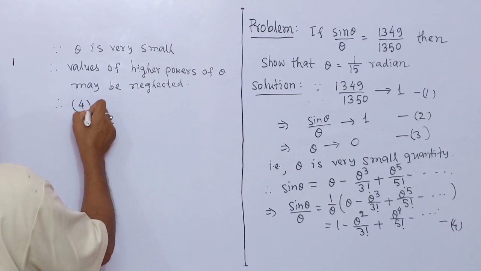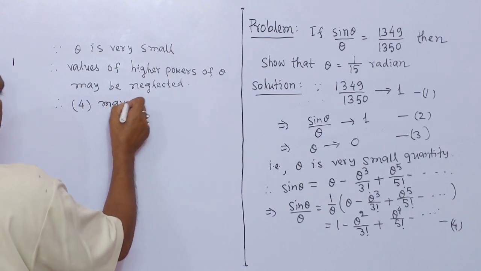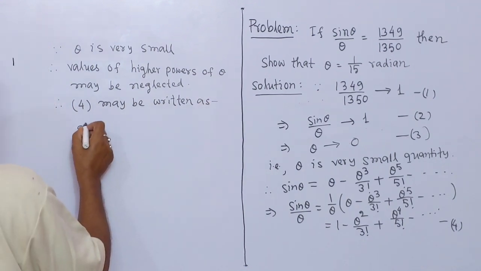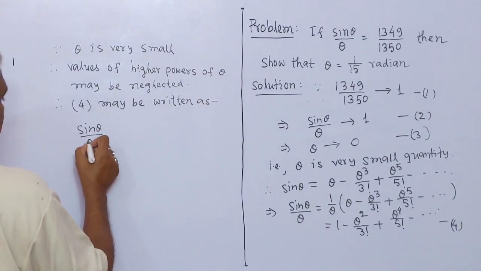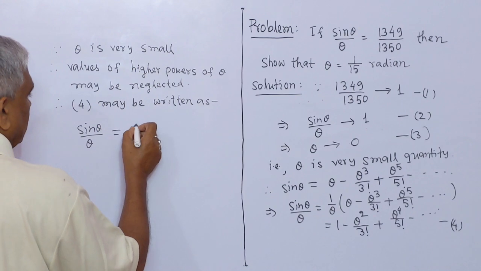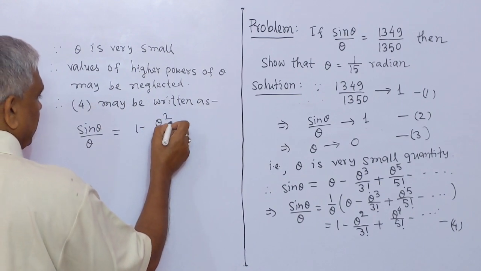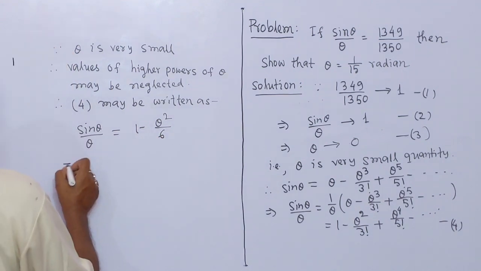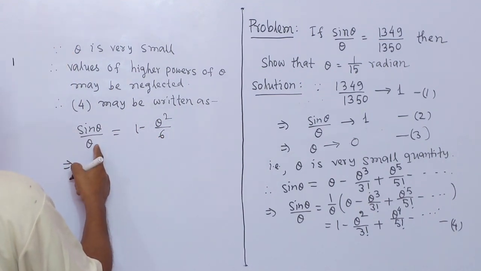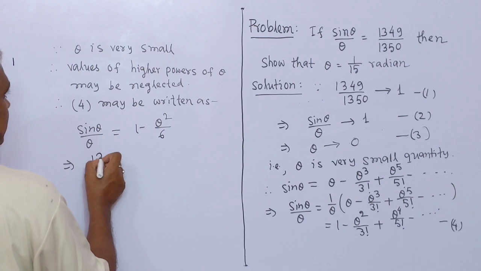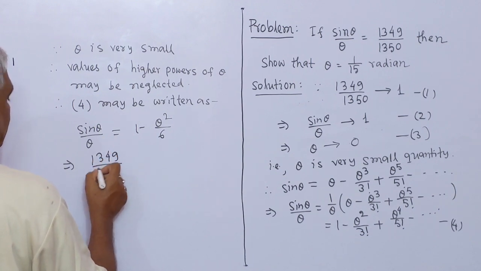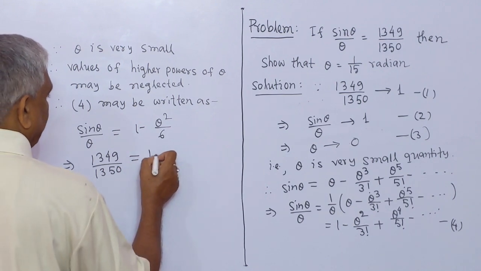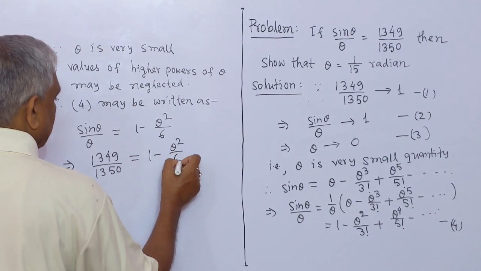Therefore, 4 may be written as sine theta by theta equals 1 minus theta square by factorial 3, which means 6, and sine theta by theta is 1349 by 1350. This equals 1 minus theta square by 6.